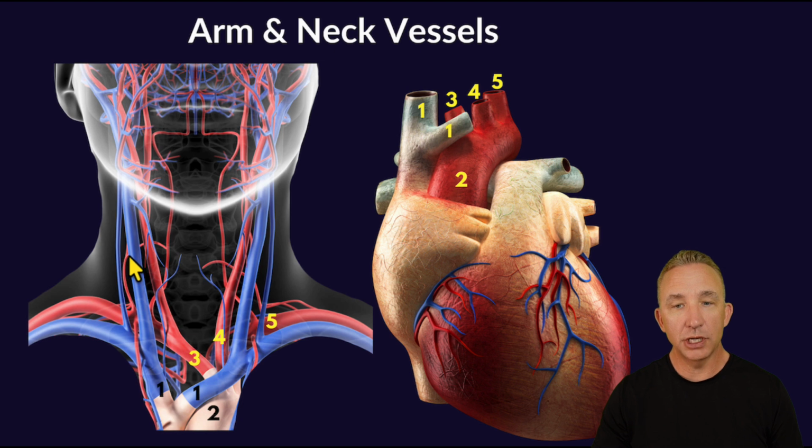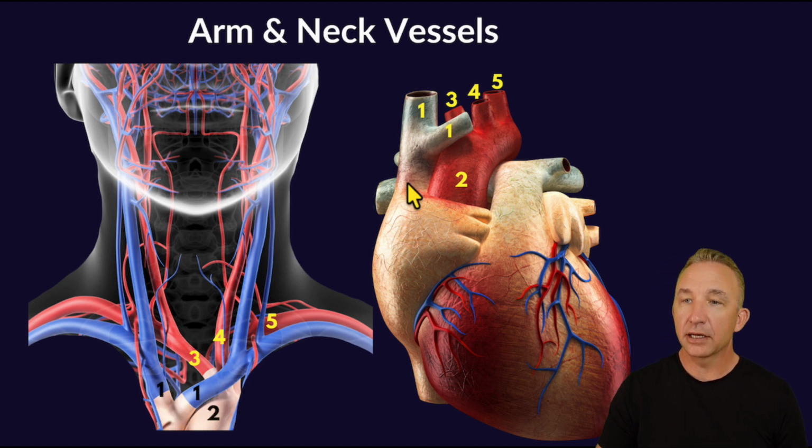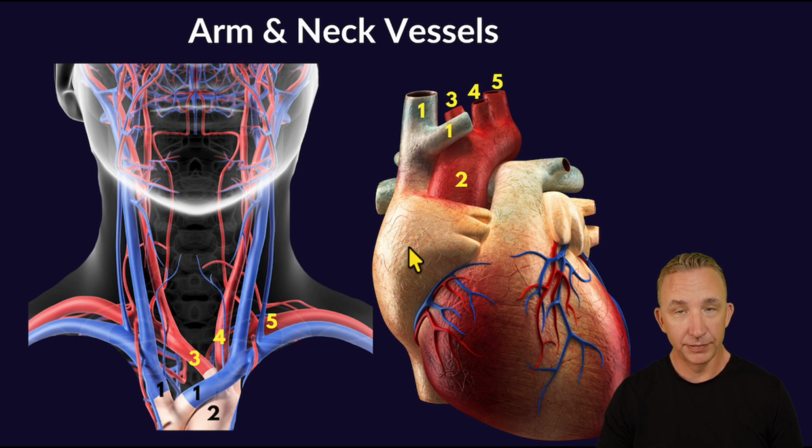So these two jugulars, the big one internal, the smaller one external, will dump into the brachiocephalic vein. So if I bring in those two brachiocephalic veins, then it goes into the superior vena cava that then dumps into the right atrium.